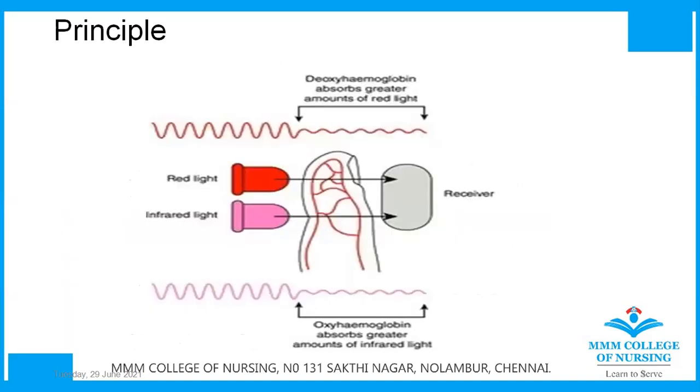The principle which is used in this pulse oximeter is the red light and the infrared light, which falls on the hemoglobin of the capillary blood.